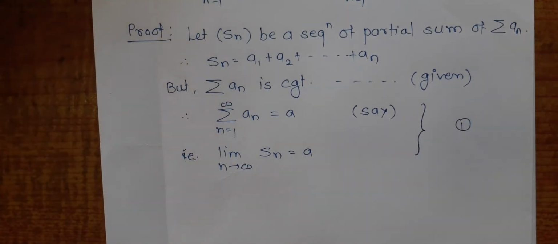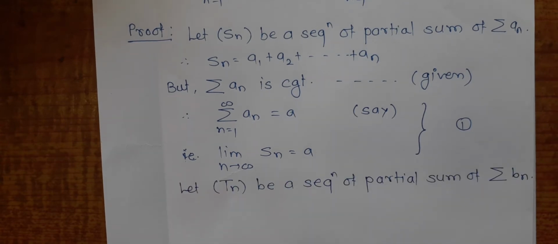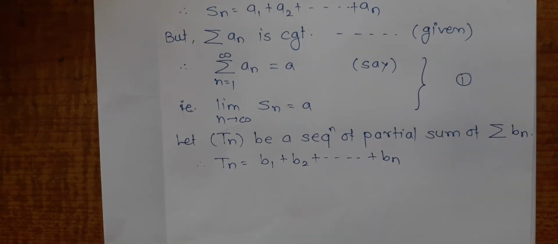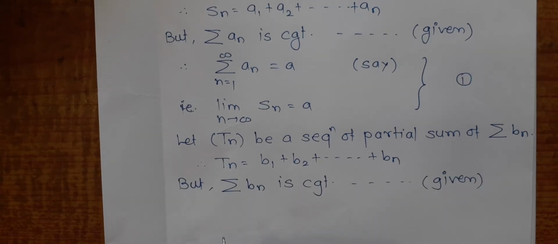Similarly we can write for the series summation bn. Let Tn be the sequence of partial sums of series bn. So therefore Tn is equal to b1 plus b2 plus and so on up to bn. Given that series bn is convergent, it converges to some point, so summation bn is equal to b.